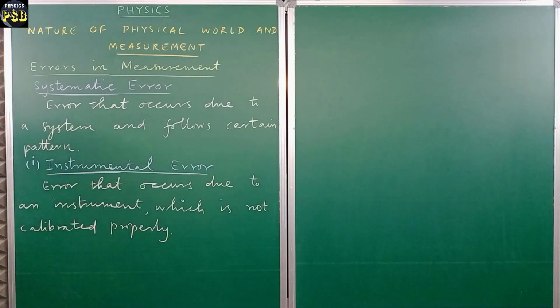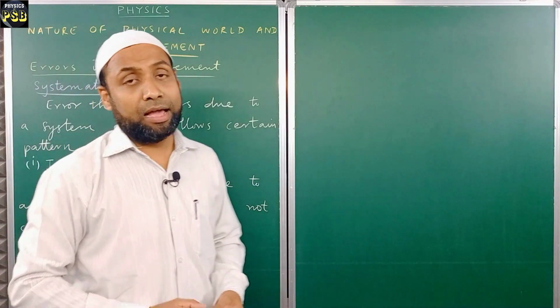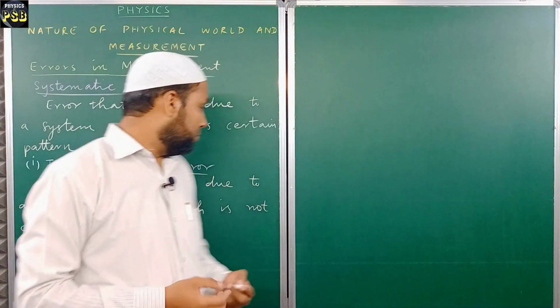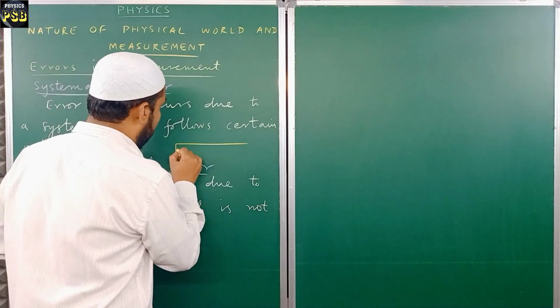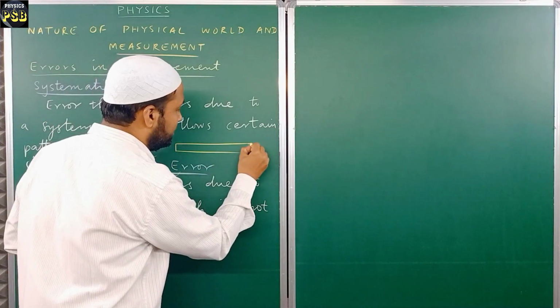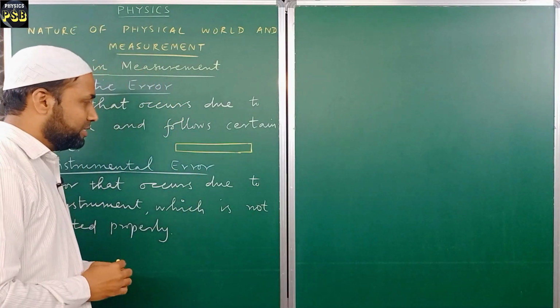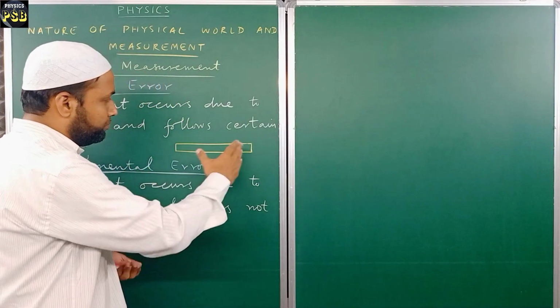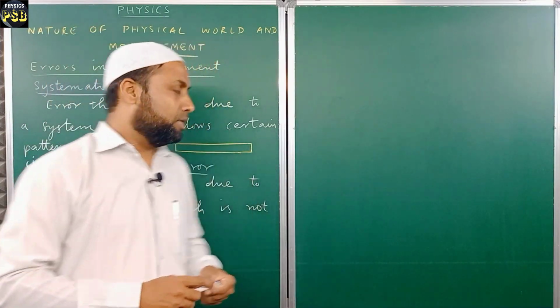Now, what is this calibration? Calibration is the act of marking an instrument. For example, I have a meter scale. In the lab, we use a meter scale to measure the length. Usually a meter scale is 1 meter in length.